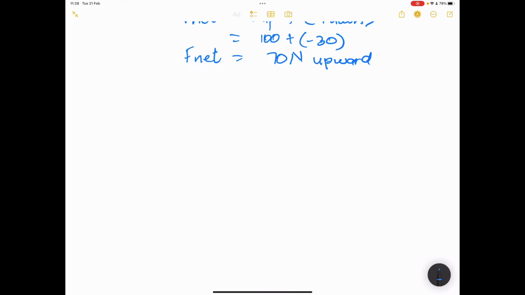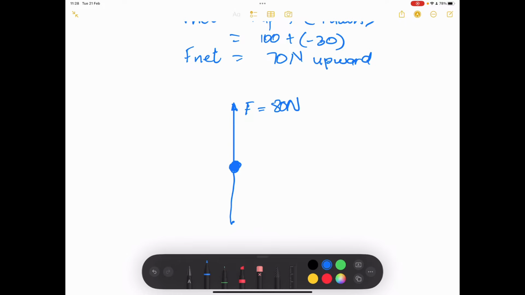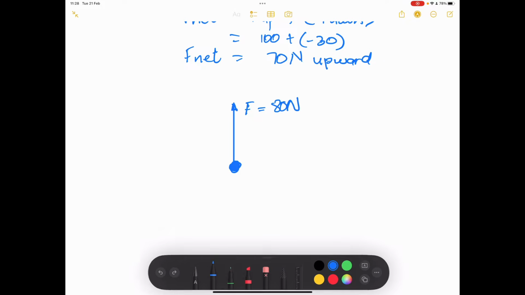Of course, if you had a situation where you've got two forces acting in the same dimension, let's just say here we have a force upwards, acting at 80 newtons upwards, but we equally have another force acting downwards.